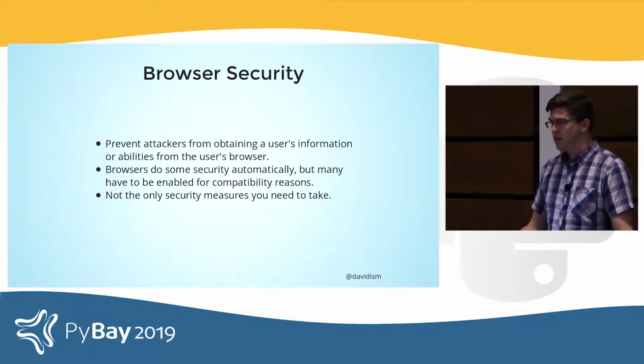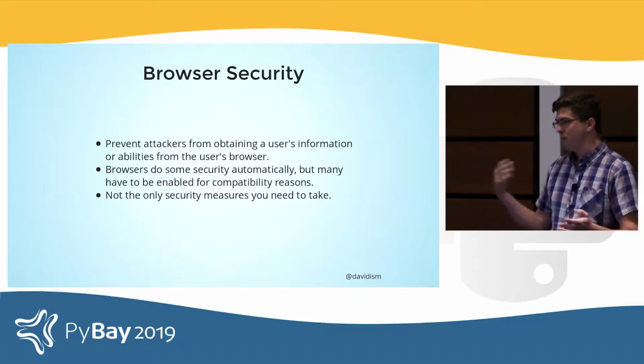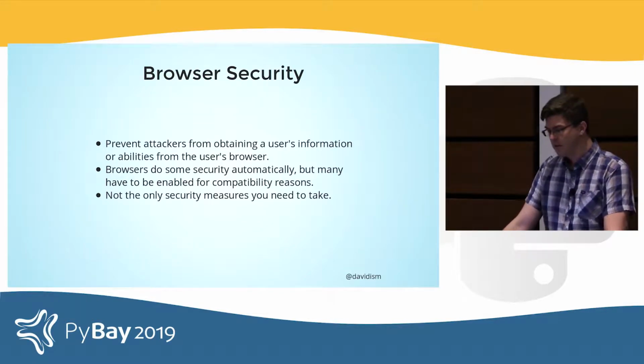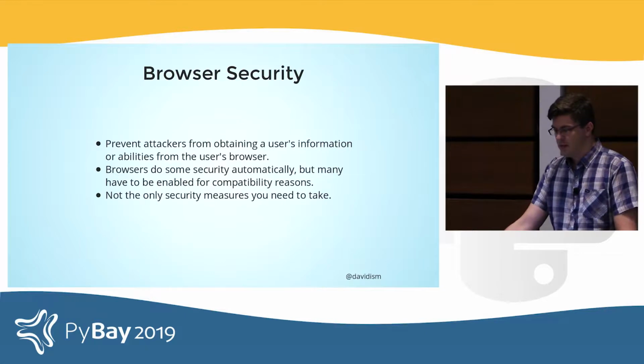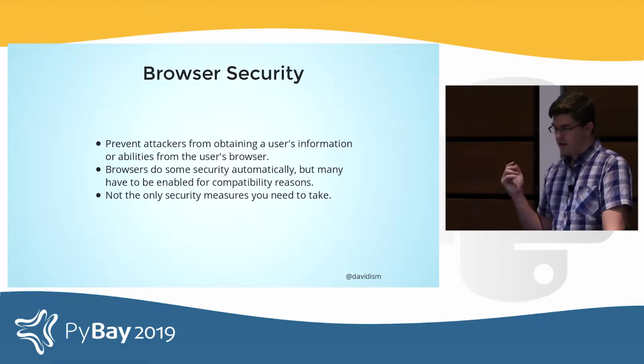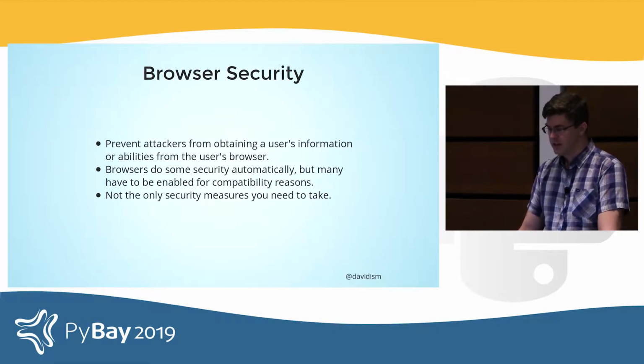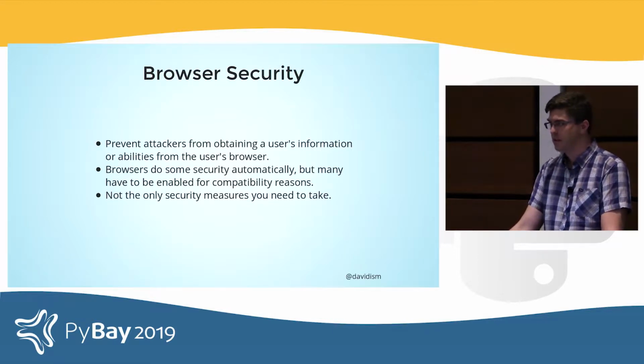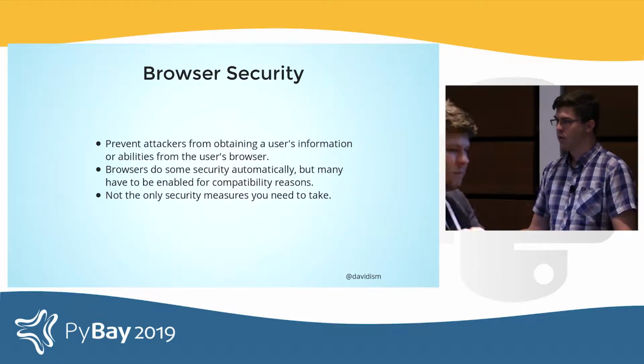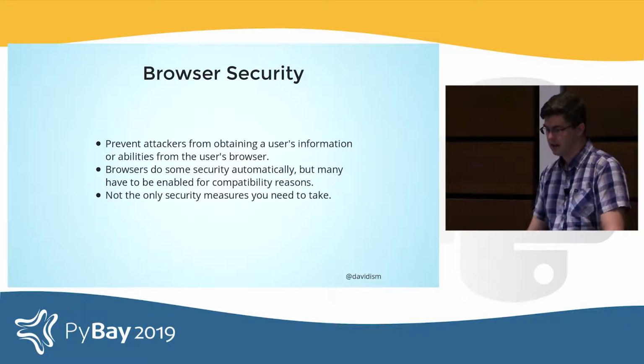So the browser's storing information about you, and you're remembering things about sites and how you've interacted with them. Browser security means the security measures Firefox, Chrome, Edge, or other browsers can take to prevent one site from pretending to be another site or tricking you into doing things you didn't mean to, such as revealing a password or performing an action with credentials for another site.